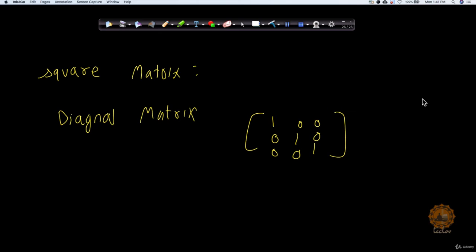So what's the difference with respect to the diagonal matrix? This is exactly what you determine as the identity matrix. Now in the diagonal matrix, the only difference is that instead of 1 I could have 2 also, meaning any element other than 1 is possible. The only thing is that at the non-diagonal positions we're going to have 0. That's the difference with respect to the diagonal matrix.